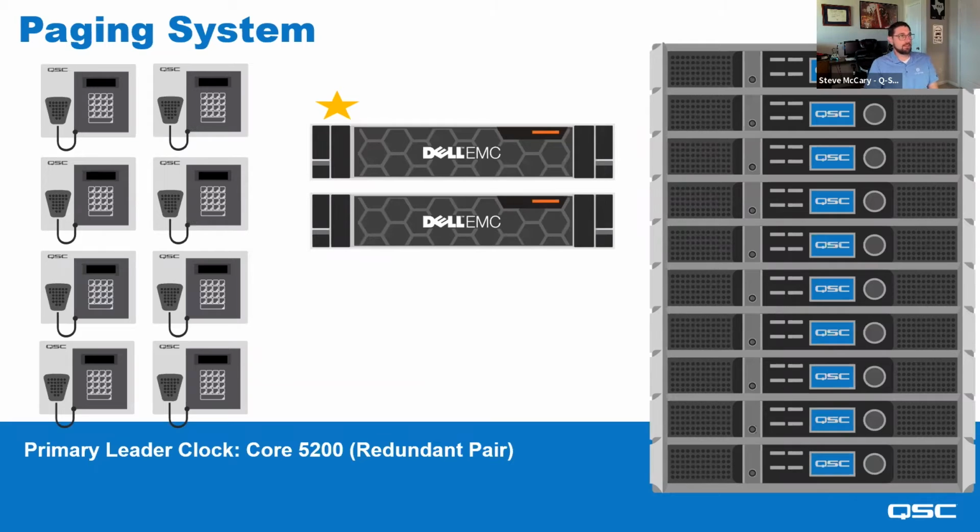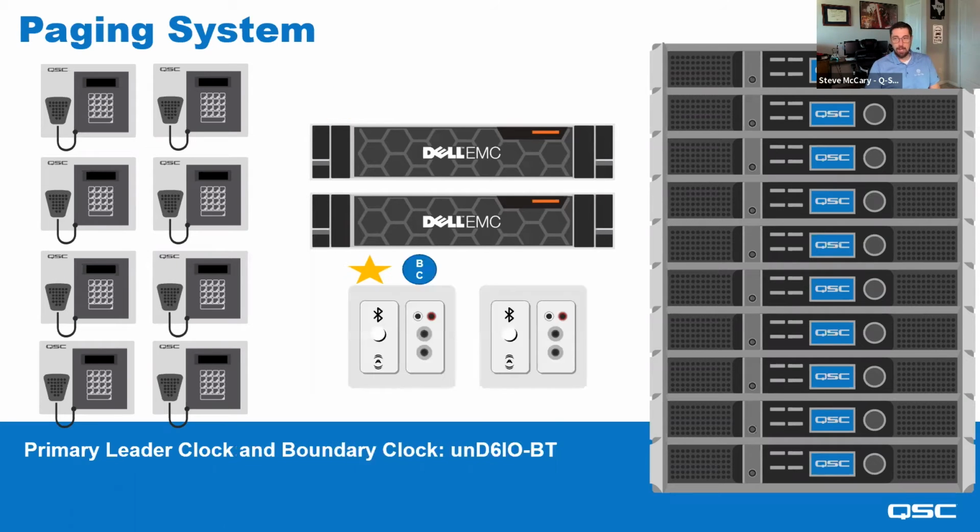So let's do an airport. Here we have 2 redundant 5200s, a truckload of amps, and some paging stations. In this scenario, our clock leader is our core. But should we decide to add in some 6IO-BTs, they would become our clock leaders as well as a boundary clock, because that's what they do.